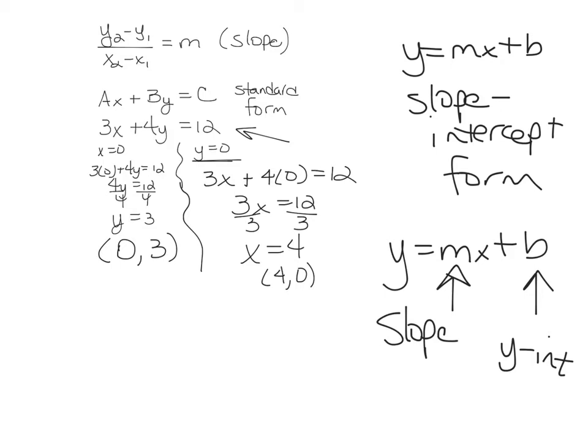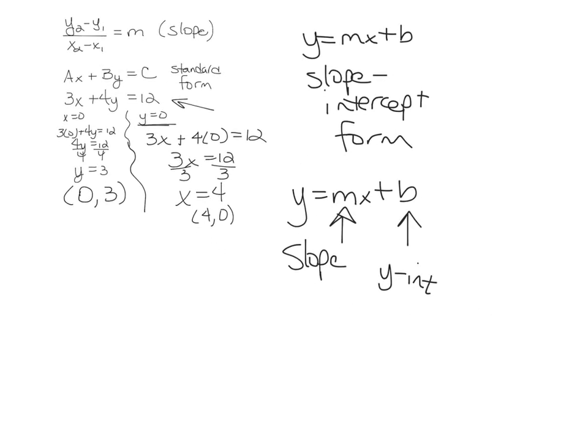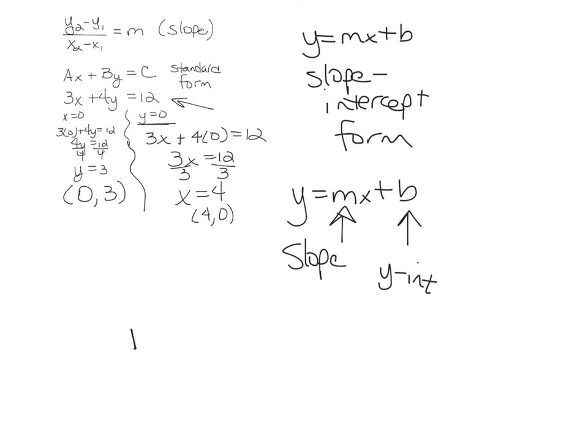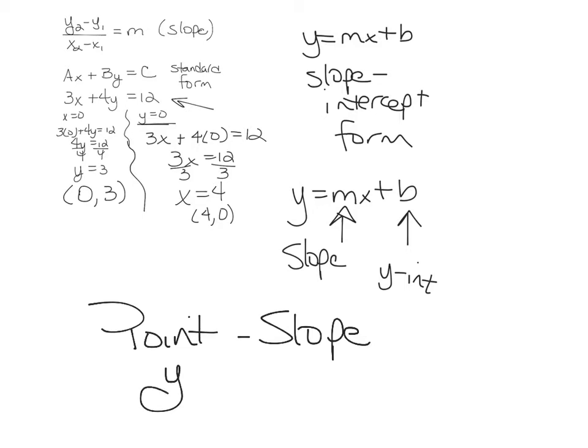Today, we're going to learn a new form, and that new form is called point slope. Point slope is y minus y1 equals m, parenthesis, x minus x1.